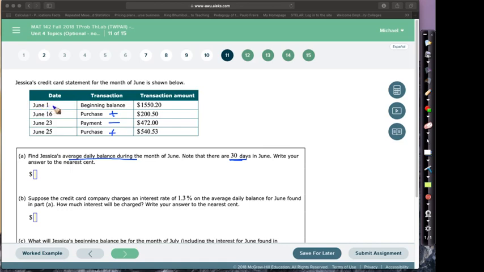June 1st, so it's going to have this balance, and I'm going to add some lines out here. You probably have to do this on your scratch paper, but we'll get through this.